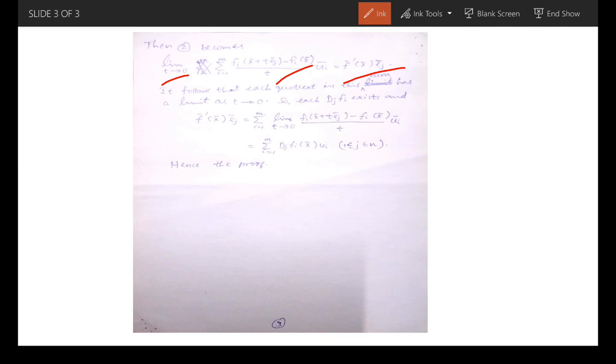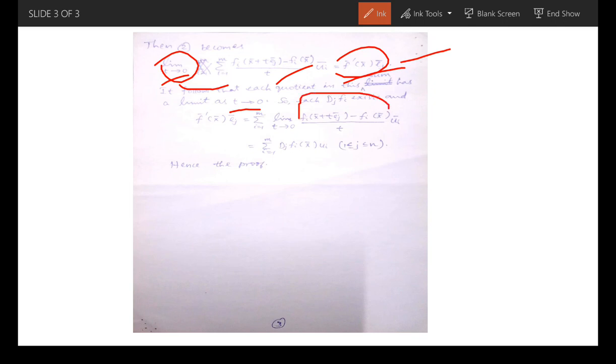So here, this is a vector function, the left side as well as the right side, that has a limit if and only if each quotient has a limit as t tends to 0. And that limit can be taken inside this sum. So what is f dash x ej? You interchange this sigma and limit. So sigma i is equal to 1 to m, limit t tends to 0, fi of x plus tej minus fi of x divided by t times vector ui.